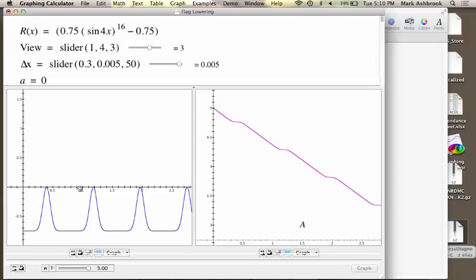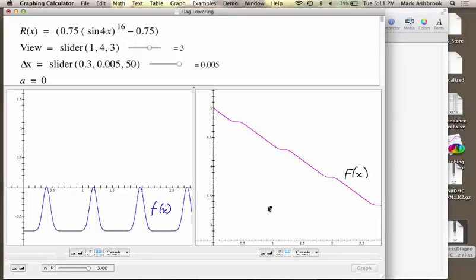So we've been calling the rate function f of x, so we will call it f of x. And then we'll call this other function F of x.